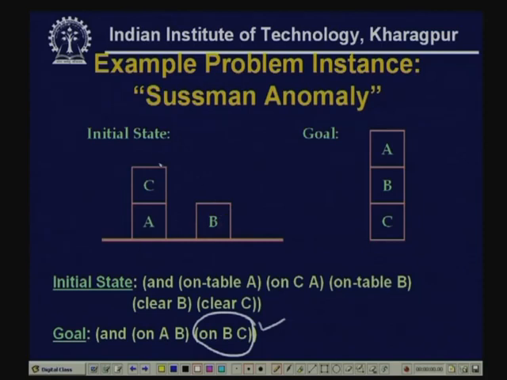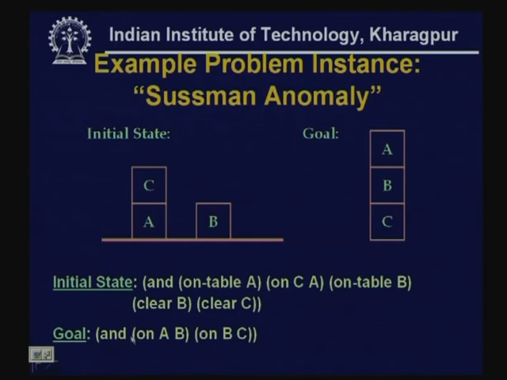Now, after you have achieved on(B,C), you get a situation like this, B on C on A. Now, if you want to achieve on(A,B), you cannot do it without undoing the effect of the previous goal. So, this is a very famous problem for which the STRIPS algorithm would run into difficulty.